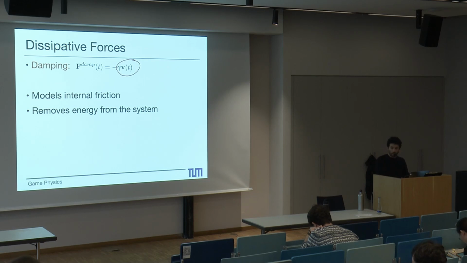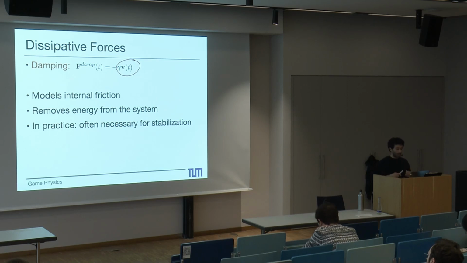And in the context of simulation, and in particular game simulation, this can be used as a numerical tool in order to stabilize the simulation and make sure that objects do not behave in an unexpected manner.